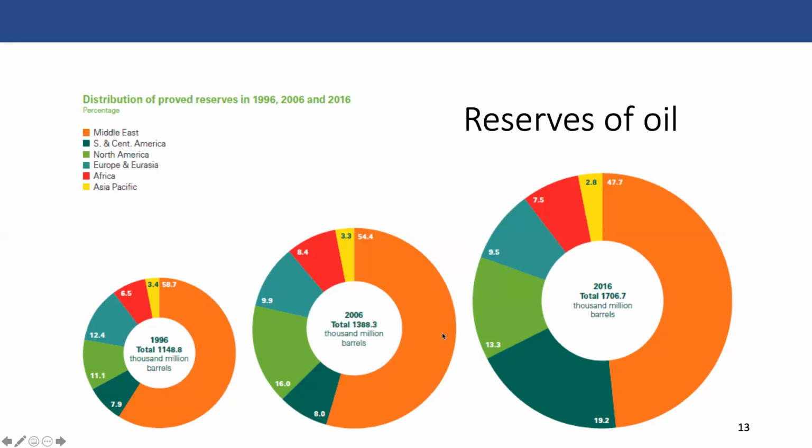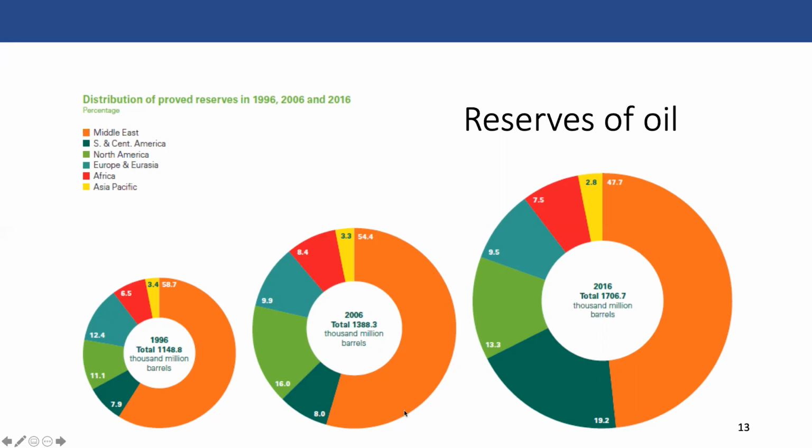So I think this chart is maybe a little bit easier to identify the available quantity of resources than in the last slide. We can actually see the breakdown by different regions, and what you can see is that proportionally it started to move a little bit away from the Middle East over time.